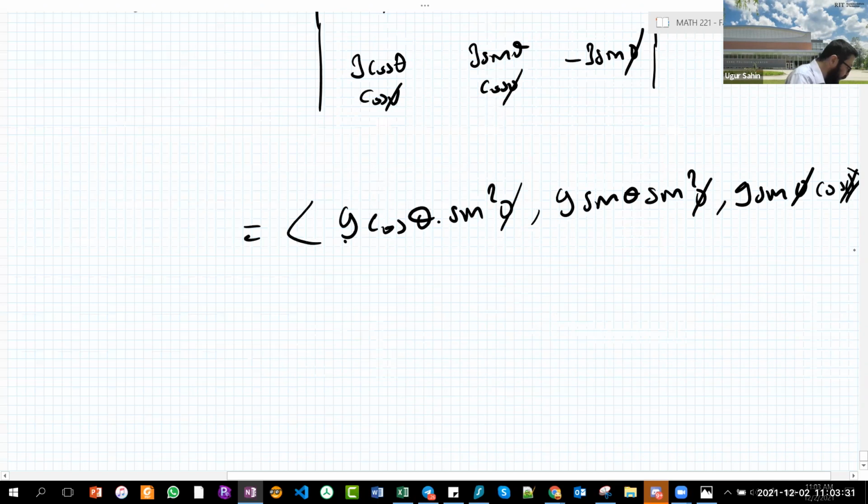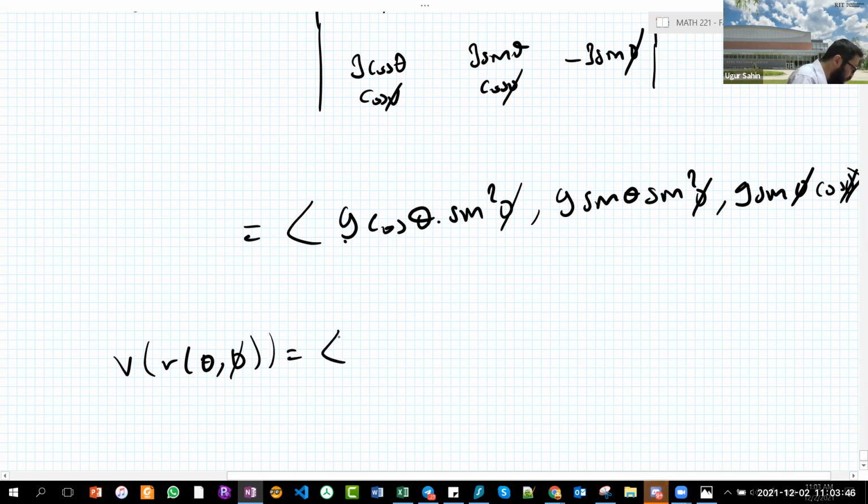All right. Am I done? Not yet, since I need to use the parameterization in my function. This is my parameterization for my function. The function was, if you remember, 2x, 2y, z.